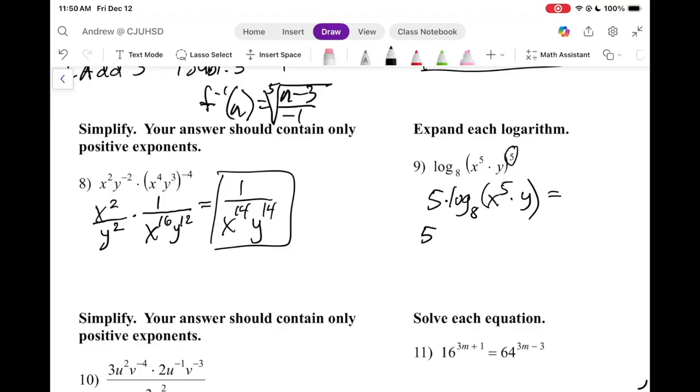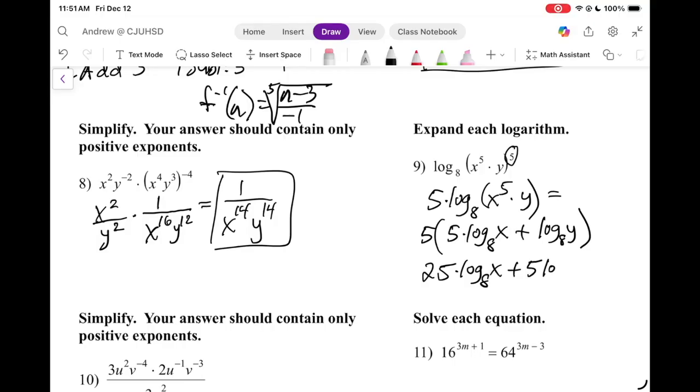And I forgot to do the other exponent of 5, so I'm going to bring that out to the front. And the last thing is to distribute that first 5. Multiply it in. There we go.